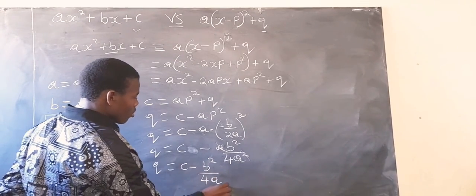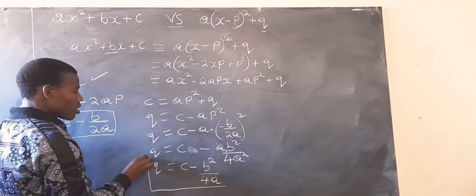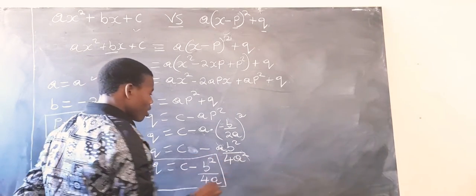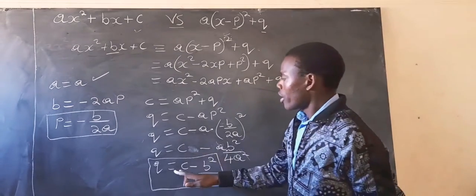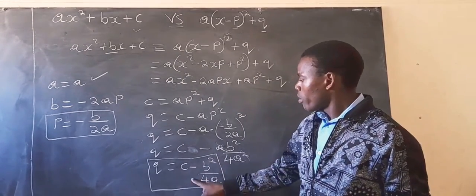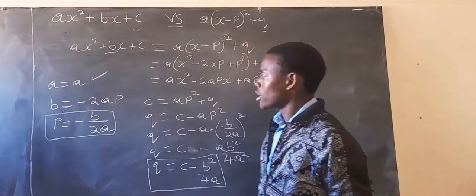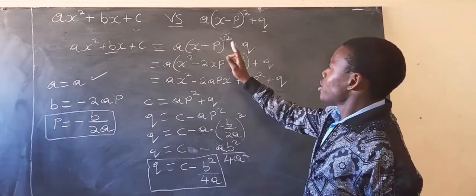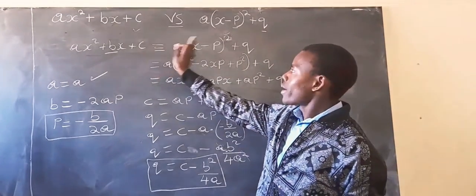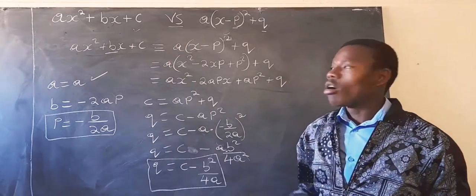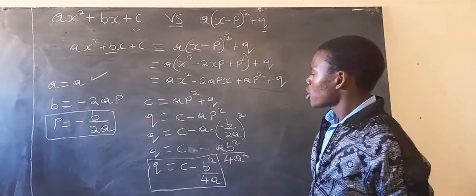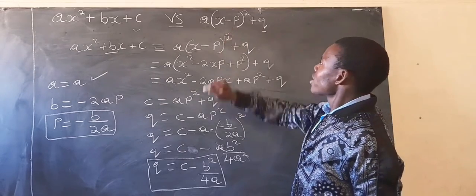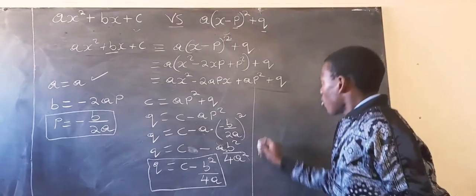4a. So you may be familiar with this as well when you were solving using what you call completing the square. You may be familiar with this and that as well, but now I just show them by relating the coefficient of x squared, x, as well as the constant. So this is what you have. So you can write this formula now in the form of what?